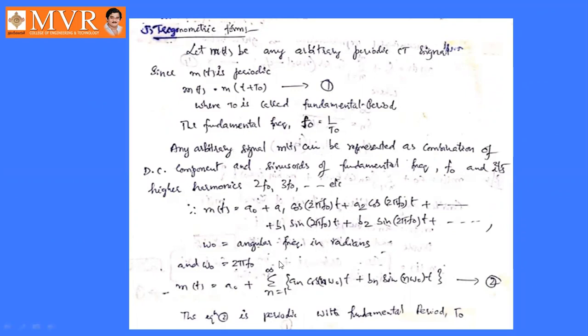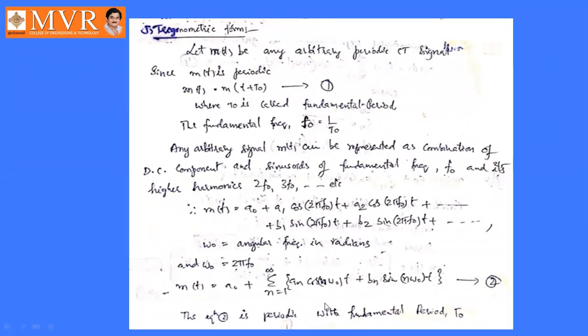We can write this as m of t equal to a naught plus sigma n equal to 1 to infinity of an cos n omega naught t plus bn sin n omega naught t. Let it be equation number 2.